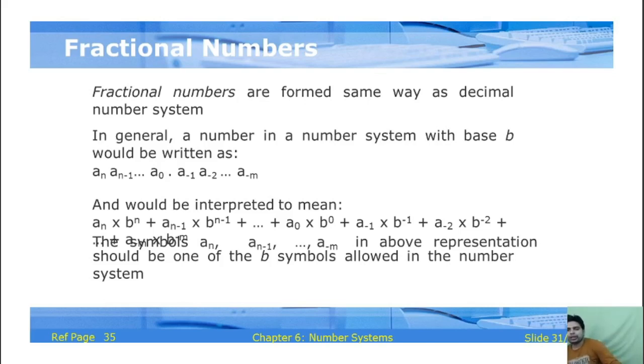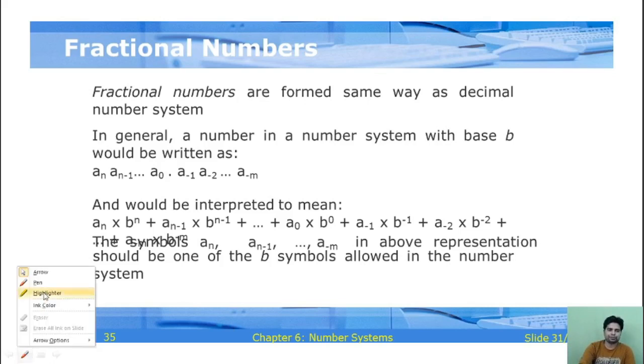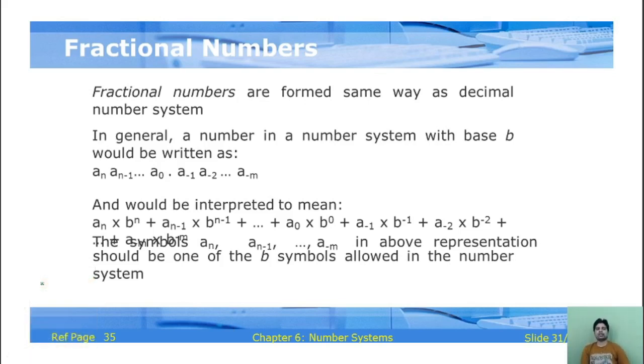Next, there are the fractional numbers also. Fractional numbers are formed the same way as in the decimal number system.